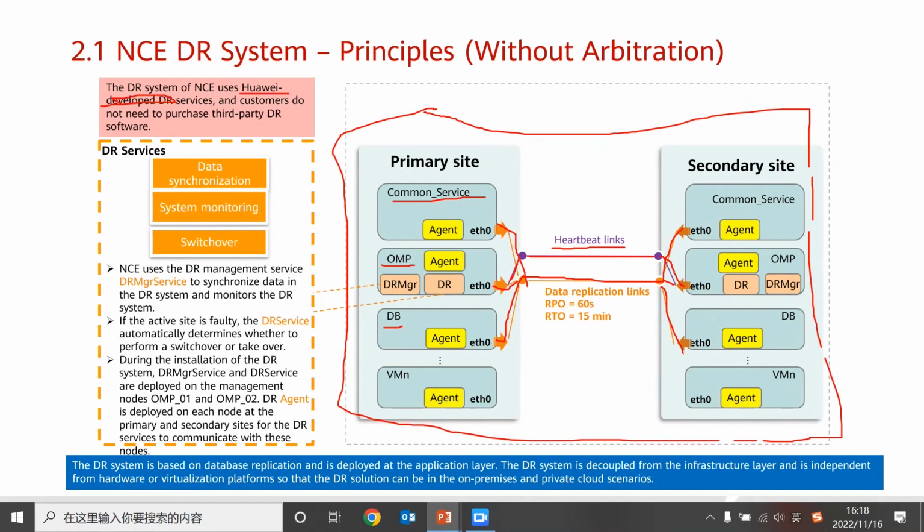The heartbeat IP address and the data replication IP address must be on the same network plane. Heartbeat links and data replication links can reuse the internal communication network or northbound network, or use an independent network. We'll be showing you everything about the network plane later in the slides, so I'm not going to get deeper into it.